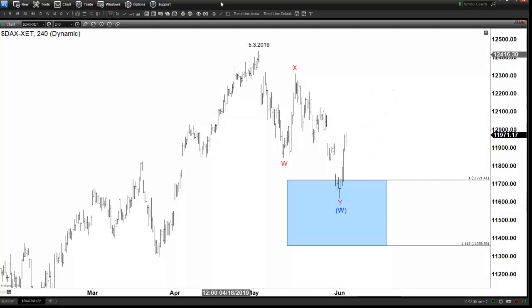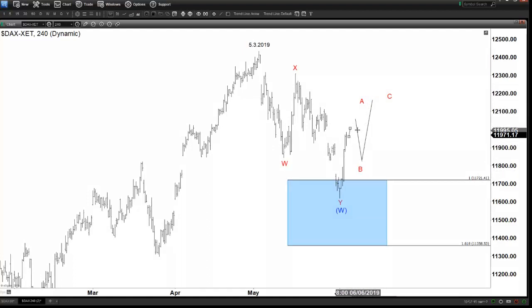So according to this count, we are doing the X in blue, and the first leg higher here is looking like an impulse, and that's why in the shorter cycle at least we can see some sort of ABC. So this can either be ABC like this, and then maybe ending the X here and then go lower, or it can be a bigger correction, something like this.